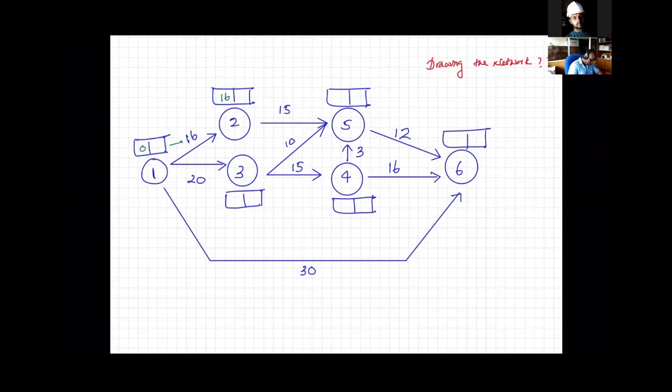Right? 0 plus 20 should be 20 here. No issues on that. Event 4 also, there's only one arrow towards that. It's this arrow, only one arrow towards that. So no issue. 35 here.